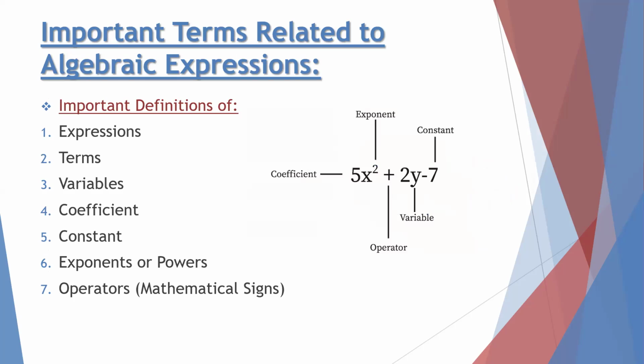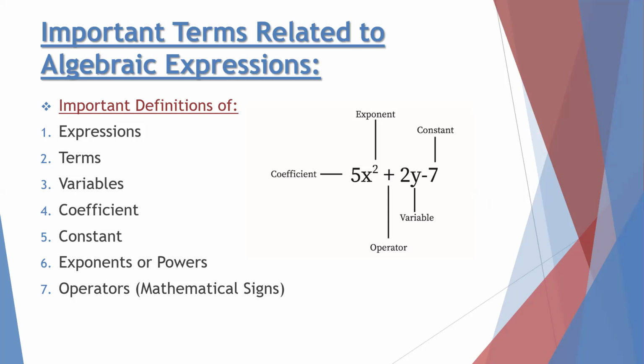So here, what is a variable? The letters are said to be variables. The positive, negative, multiplication, and division signs are called operators. The number with a variable is called a coefficient. The number without a variable is said to be a constant.